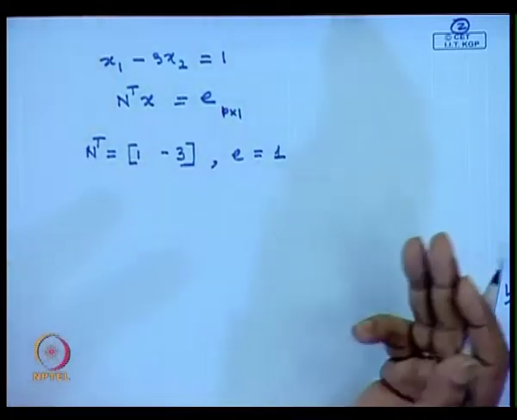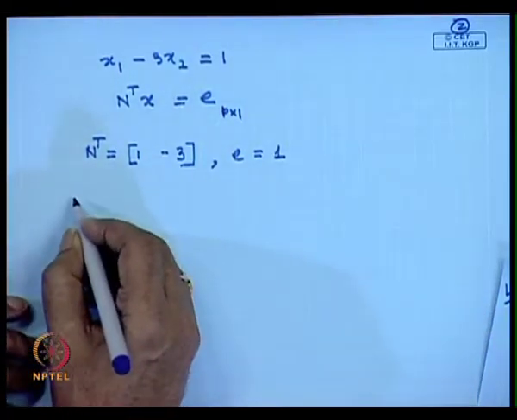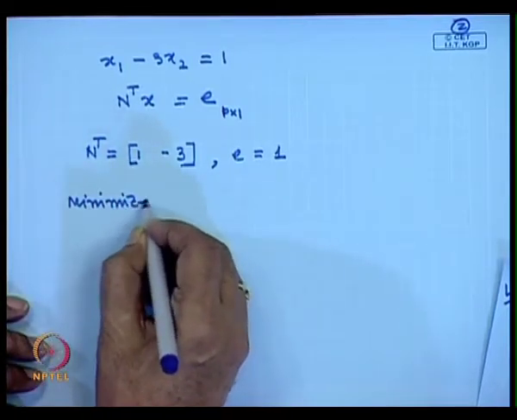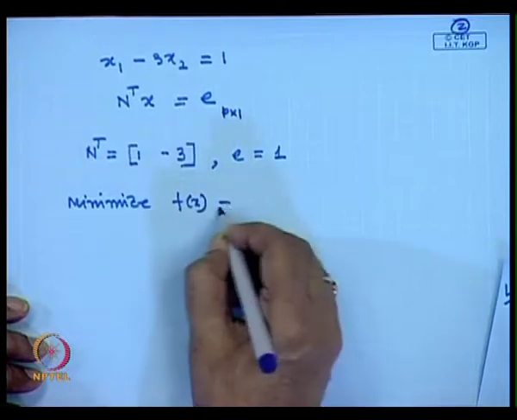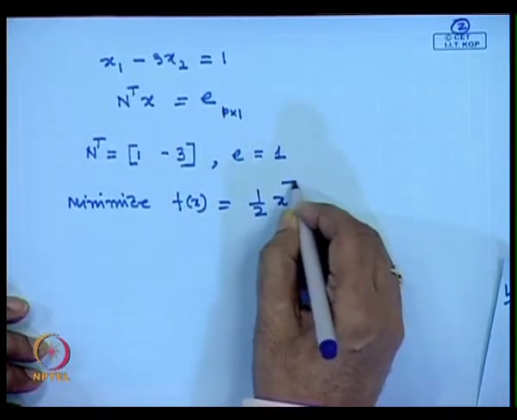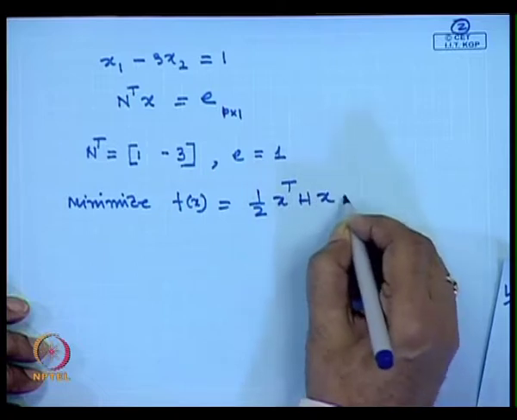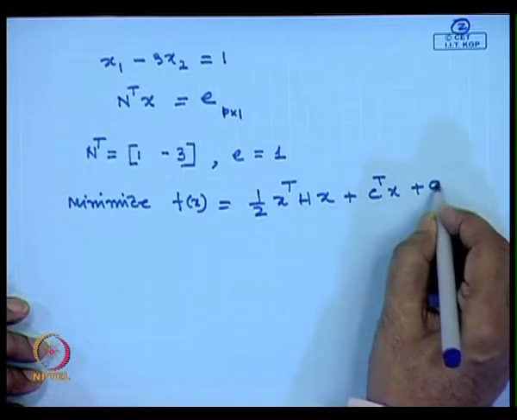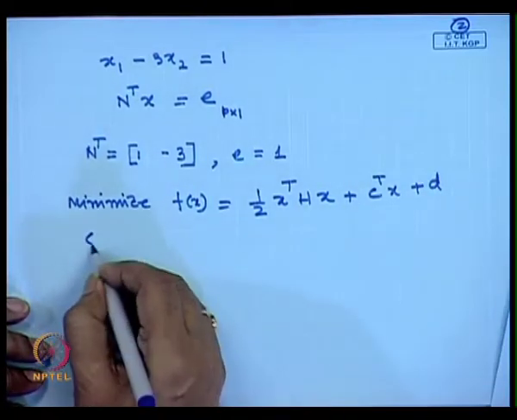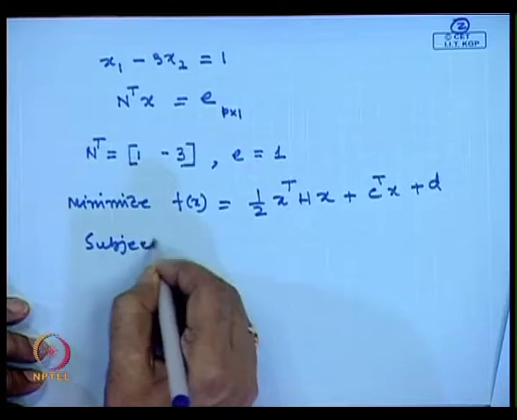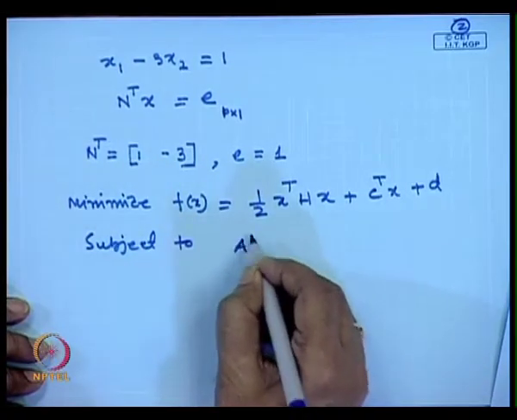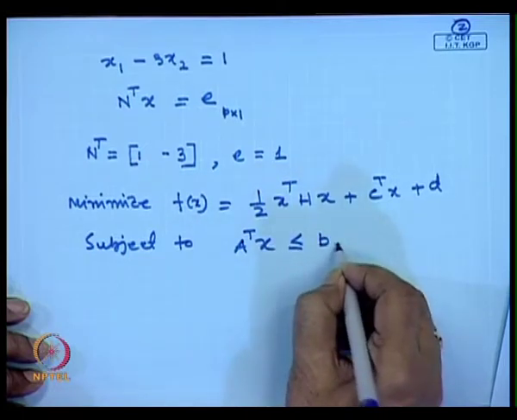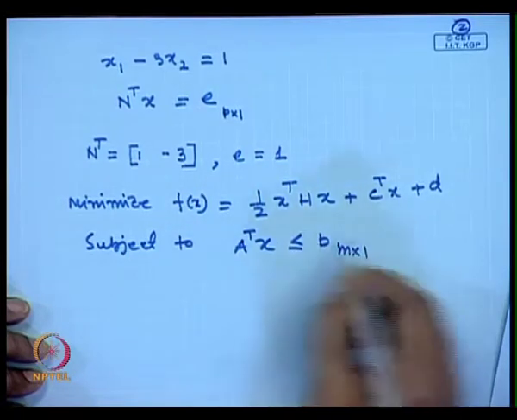So, in general our problem we will write this way: minimize a function f of x, which is a half x transpose H x plus c transpose x plus d, where d is the constant, subject to A transpose x is less than or equal to b, where the dimension of vector b is m.